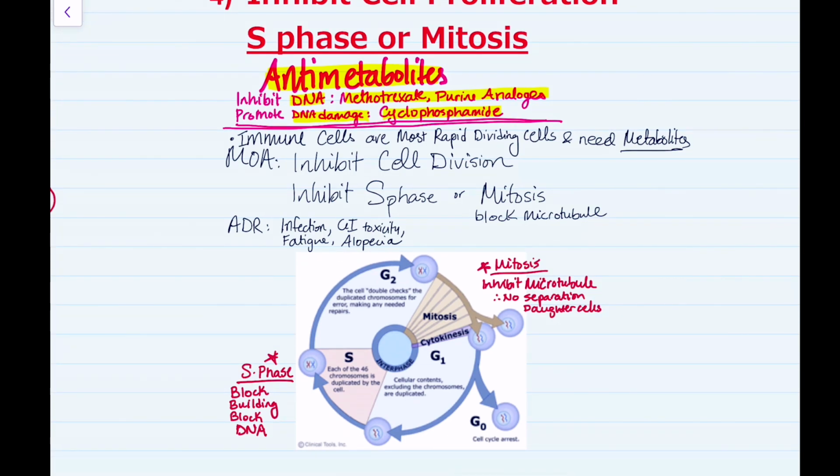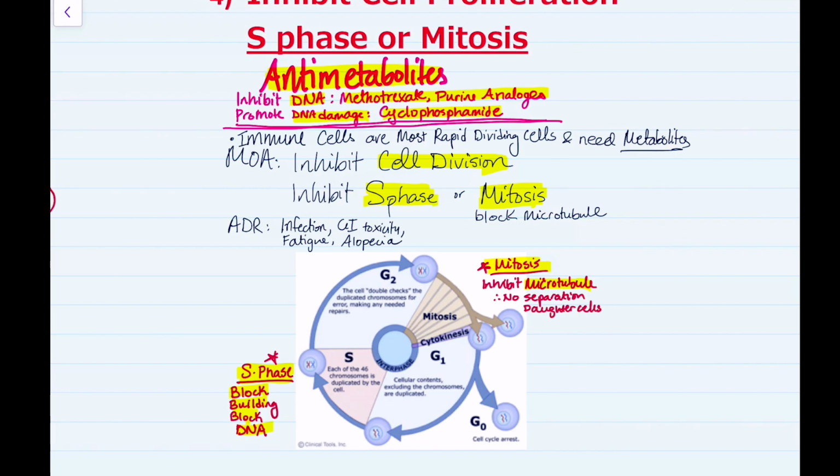We have the S phase here, and this will be our first mechanism of action, or the target, where we block the building blocks for the DNA in the S phase, and then there will not be DNA. Or we can inhibit in the mitoses side. So you inhibit the microtubules. Basically, the daughter chromosomes are not able to separate, and that will inhibit cell division, either by attacking the S phase or attacking the microtubules in mitoses.